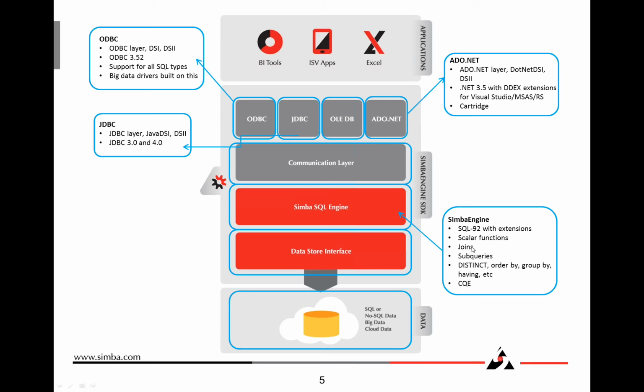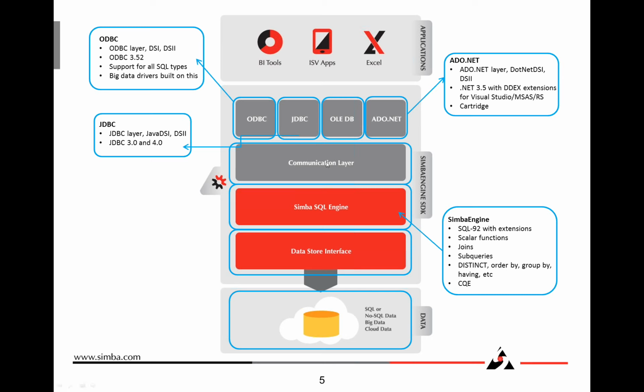It supports the scalar functions and joins and subqueries, and distinct, order by, group by, having, etc. There's also a feature in there called CQE, collaborative query execution, and that's Simba's secret sauce for enabling high performance and really scaling this up if need be. Not everyone uses CQE, but it's a performance piece that allows you to get something you need out of the engine. And I'll be going into more of that.